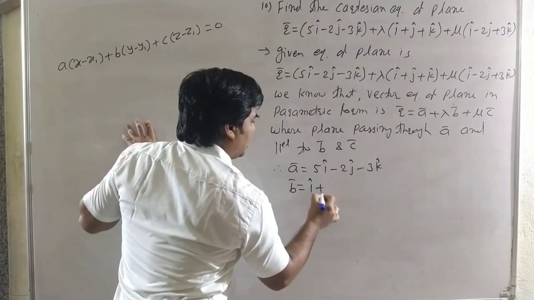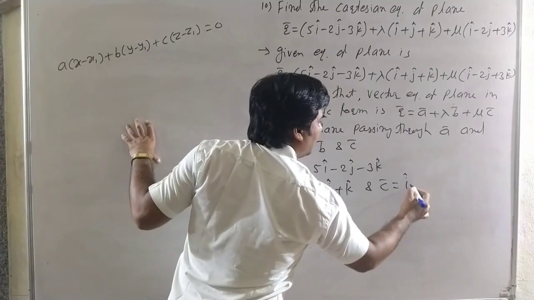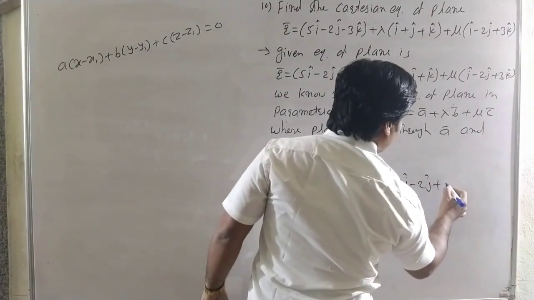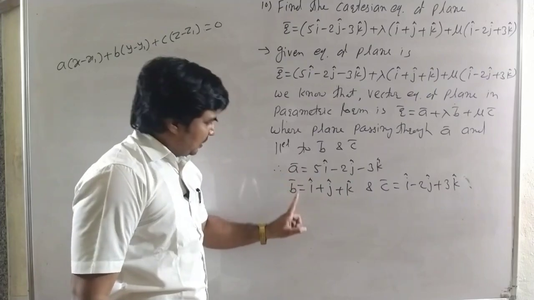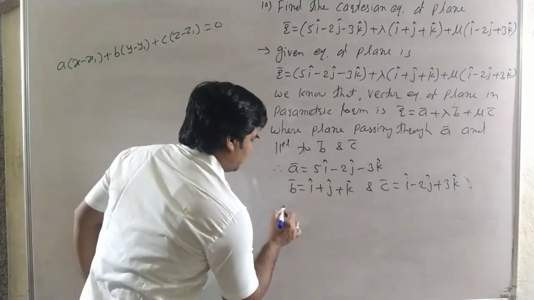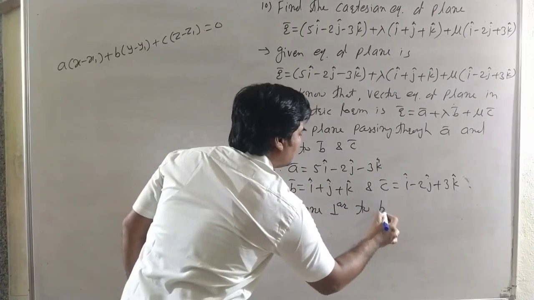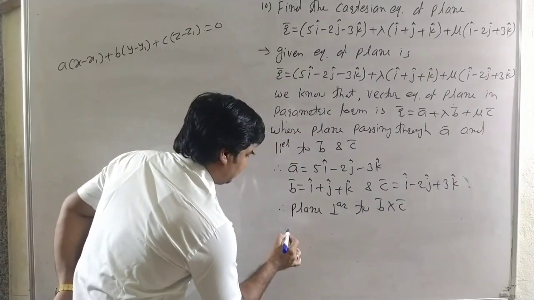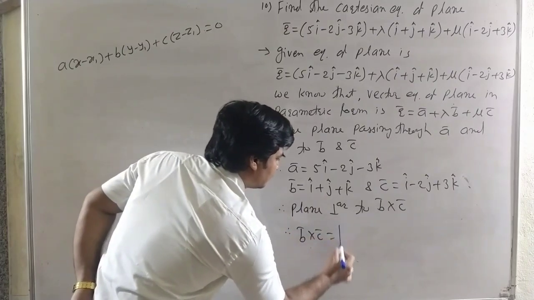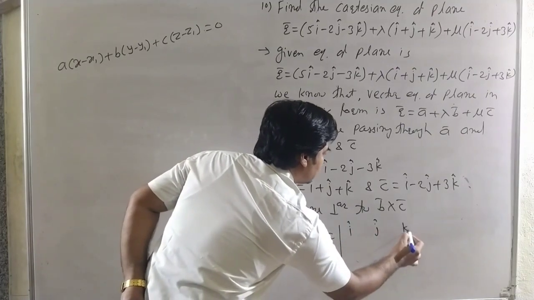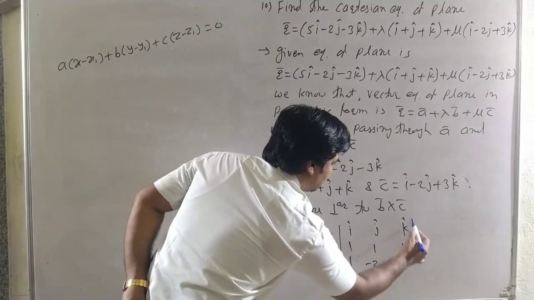B bar is equal to i cap plus j cap plus k cap, and c bar is equal to i cap minus 2 j cap plus 3 k cap. The plane is perpendicular to b bar cross c bar, so we can write b bar cross c bar as the determinant with rows i, j, k; 1, 1, 1; 1, minus 2, 3.